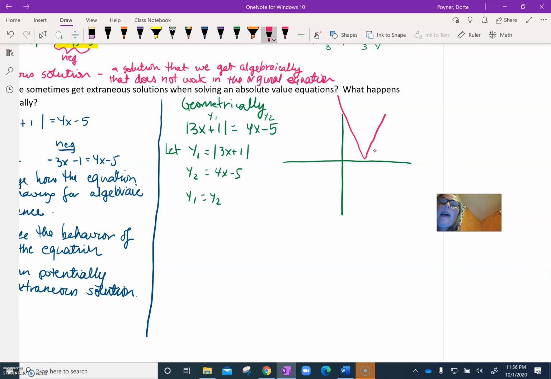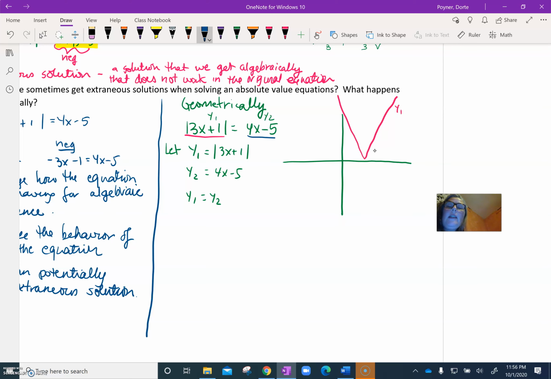So on the left-hand side, I'm going to get something that looks like y1, like this. Here is my y1, I'm going to underline that. And on the right-hand side, I'm getting what we know from Algebra 1 is a line.